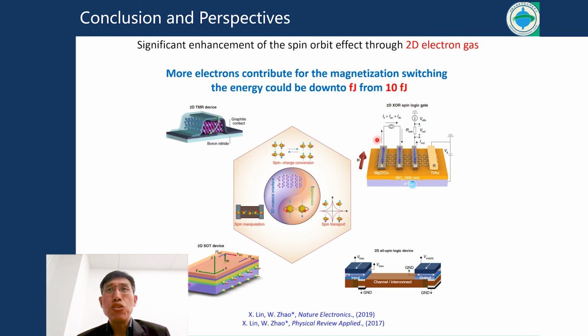If we can use the 2D electron gas, the new mature devices, we can bring the switching energy per bit down to femtojoule. So this is another perspective to use MRAM for AI electronics. If you are interested, you can see this overview paper that I wrote recently in Nature Electronics.